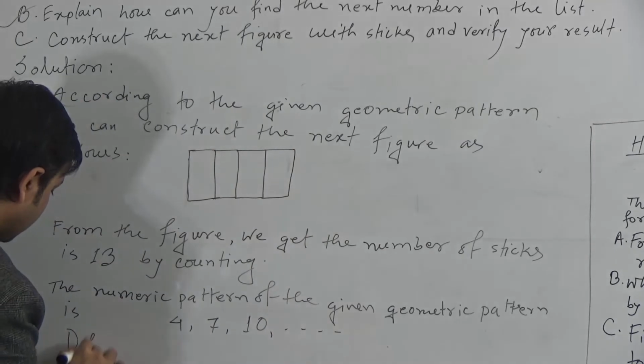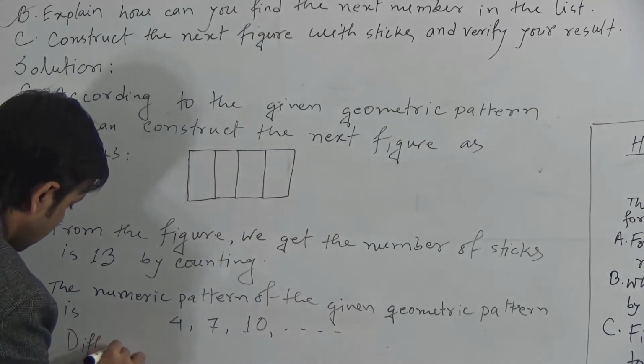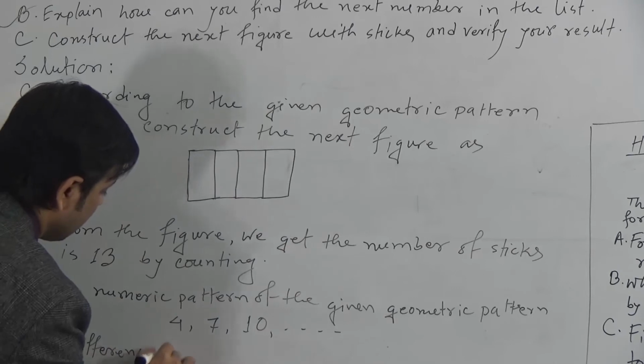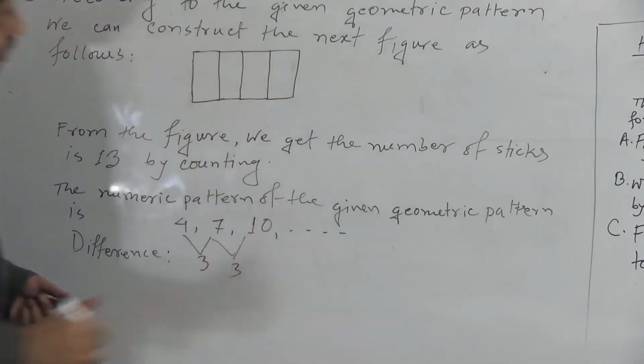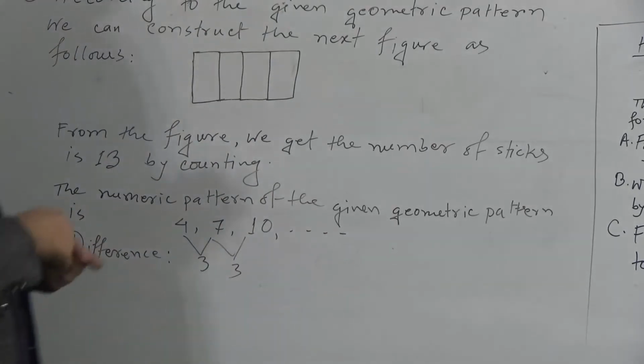Difference between two consecutive terms is 3.